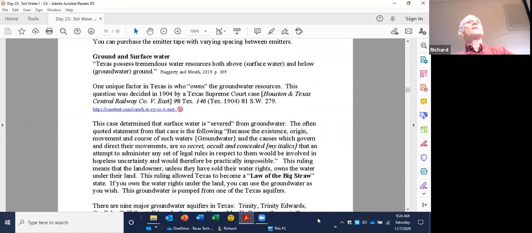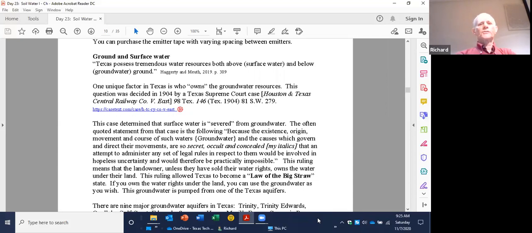The thing that I think is interesting in this, typically when we think about water use, we think of it for irrigation. This, however, was when they still had steam engines. And so Houston and Texas Central Railroad had a big well to pump water for its steam engines.